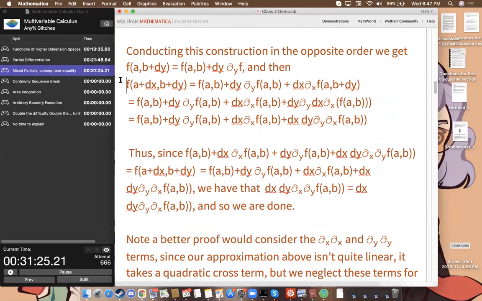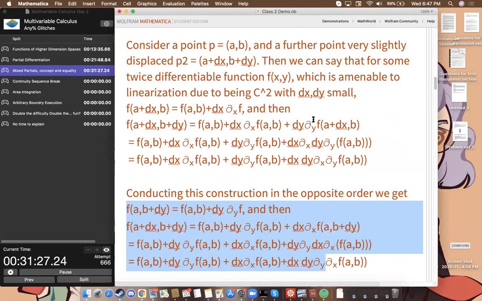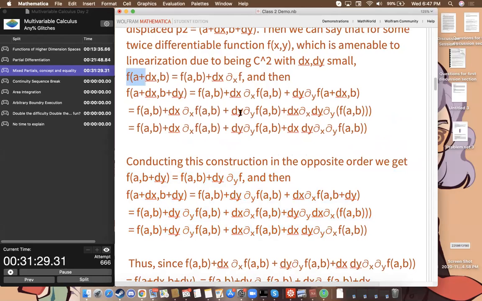And so here's the same proof as above, written out fully, and you can pause the recording, or do you have any questions about that argument for the equality of mixed partials? Does that all make some sense?